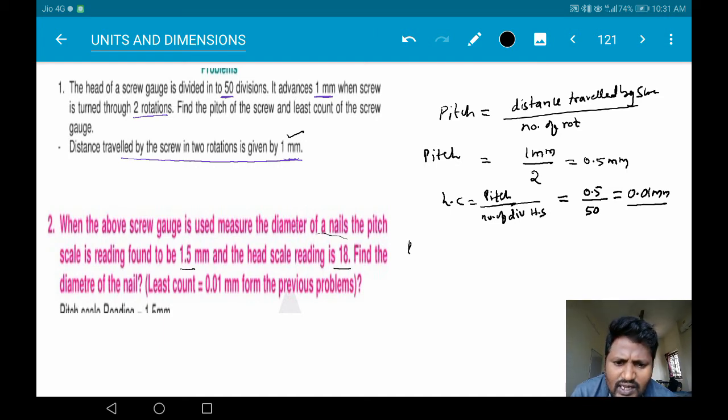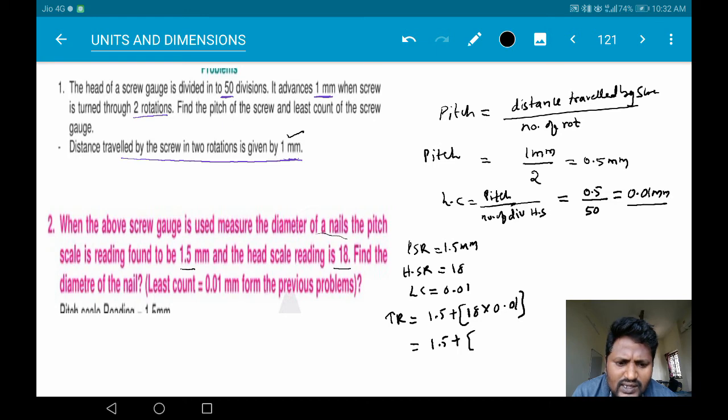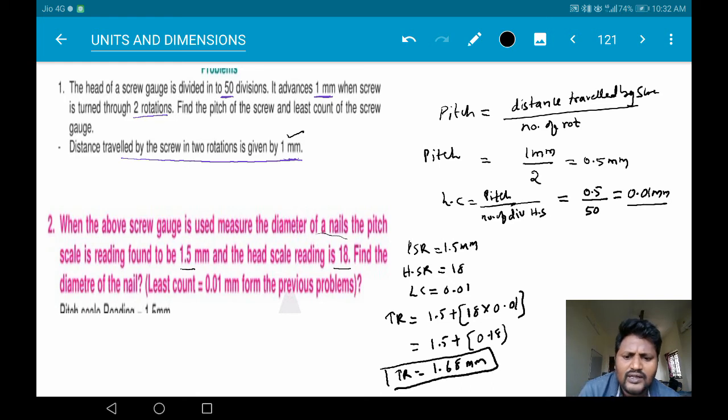So pitch scale reading is given as 1.5 mm. Then head scale 18. So least count 0.01. Therefore total reading is equal to PSR plus HSR into LC. So 1.5 plus 0.18. So 1.68 millimeter is the reading of that nail.